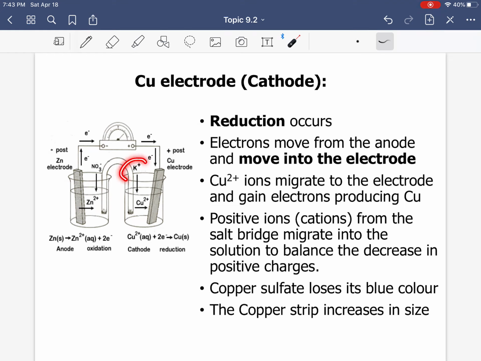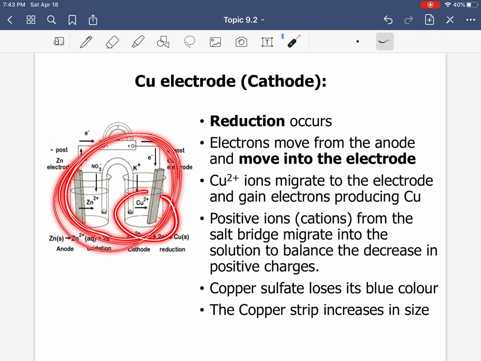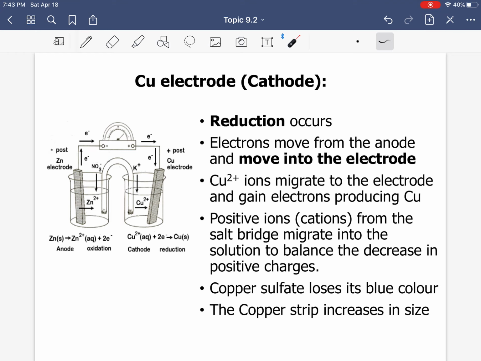Some of the sulfate, I guess, bonded with the potassium in this illustration. So, is there any more copper sulfate, if you think about it? The answer is no. So, as this reaction proceeds, you'll notice one more thing other than this getting smaller and this getting bigger: the green is getting paler. Less and less green.